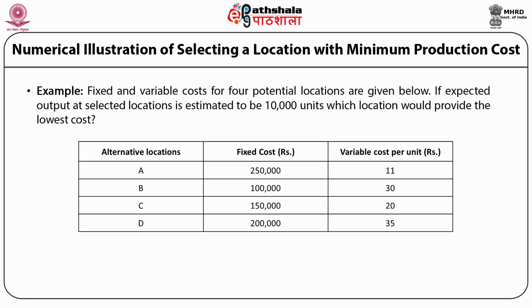Also, variable cost for each location is given in the table. Variable cost per unit at location A is rupees 11, at location B is rupees 30, and so on and so forth. If expected output at selected location is estimated to be 10,000 units, then which location would provide the lowest cost?